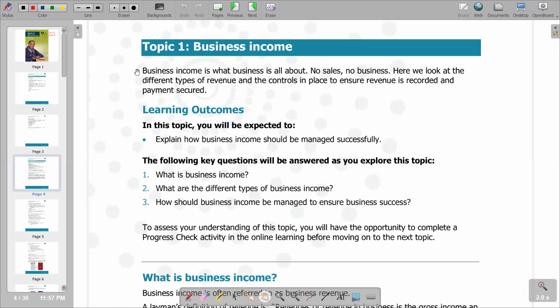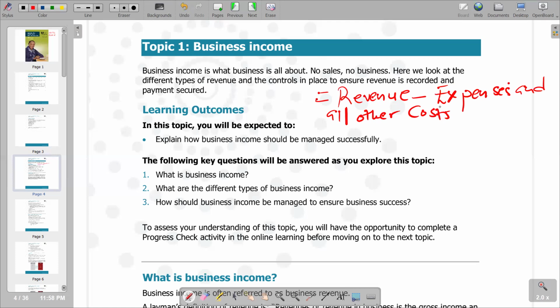If we bring it down to a formula, income is equal to revenue minus expenses. This is the basic formula for the calculation of our income. From this formula, we can easily differentiate between revenue and income.